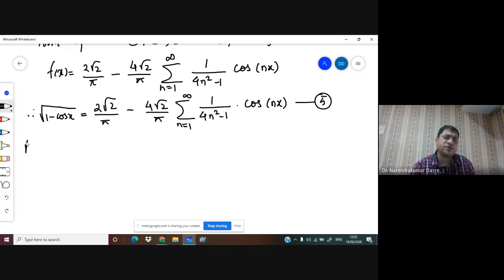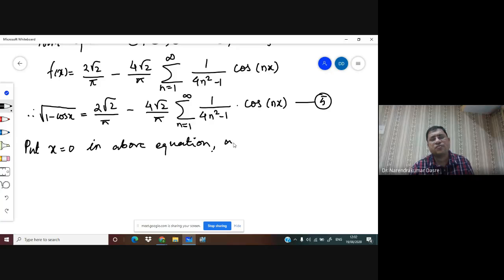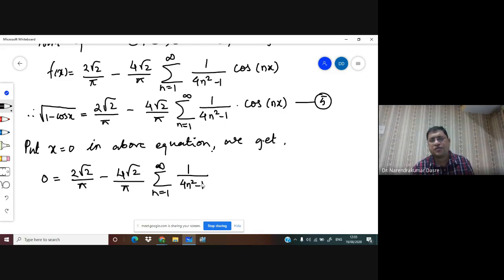And hence what we do is put x is equal to 0 in the above equation. So what we get is, if I put cos of 0, cos of 0 is going to be 1. So this term is going to be 0. Then it is 2 root 2 upon pi minus 4 root 2 upon pi, and then summation n running from 1 to infinity 1 upon 4n square minus 1.